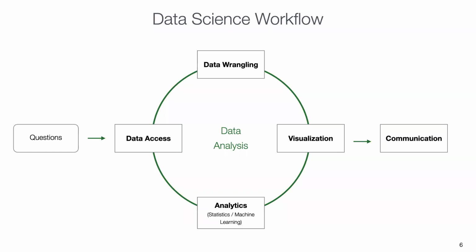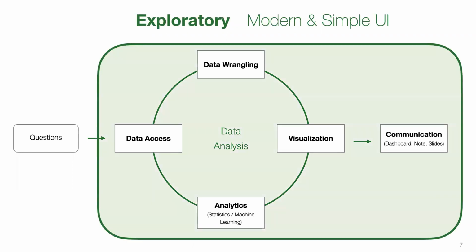But in most scenarios, you're not the only one making the decisions. You usually work with other folks, customers, partners, bosses, teammates. So you need to communicate the insights you find from the data very well. Exploratory provides a modern and simple UI to do these five steps of data science.